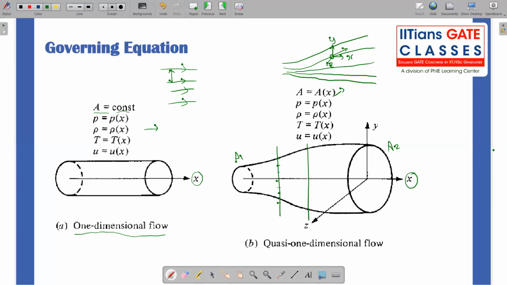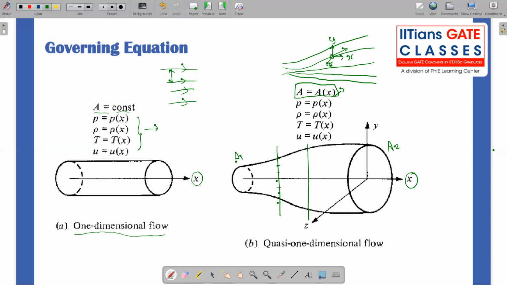And we are going to see how my governing equations look like, because in this scenario, note here, my area is not constant. It is actually changing with respect to x direction. So my governing equation might not be the same as what we have treated in one-dimensional flow. We are going to see whether it changes or it remains the same. That's what we are going to see for a quasi one-dimensional flow.